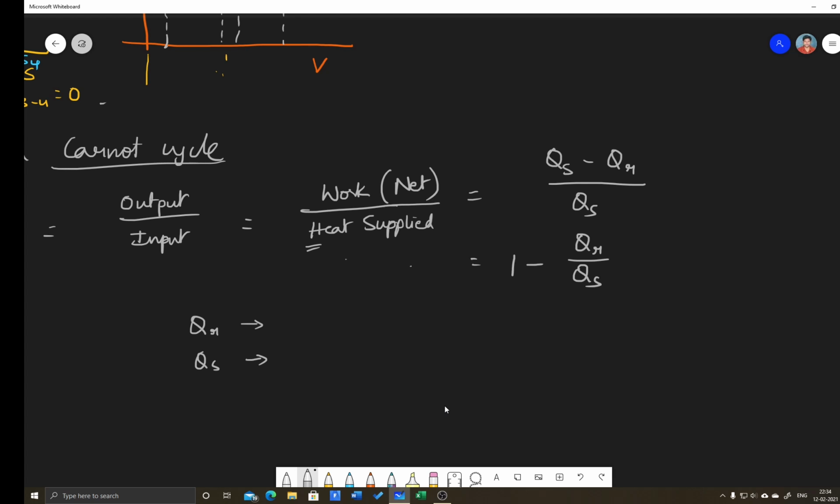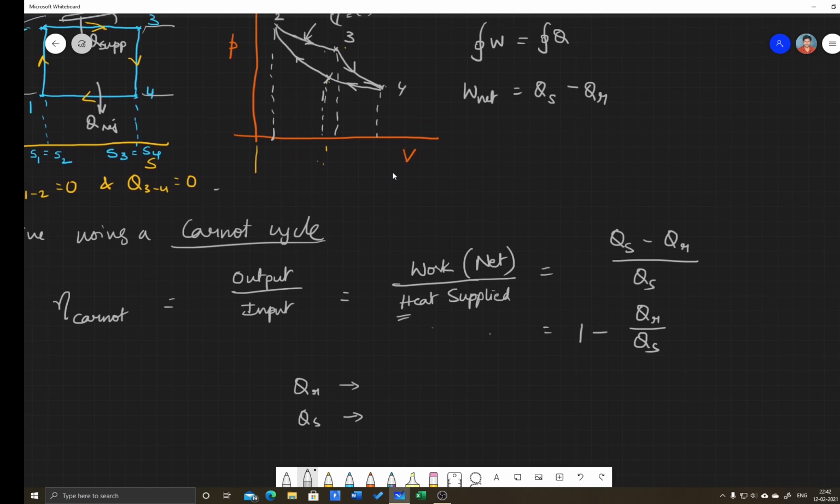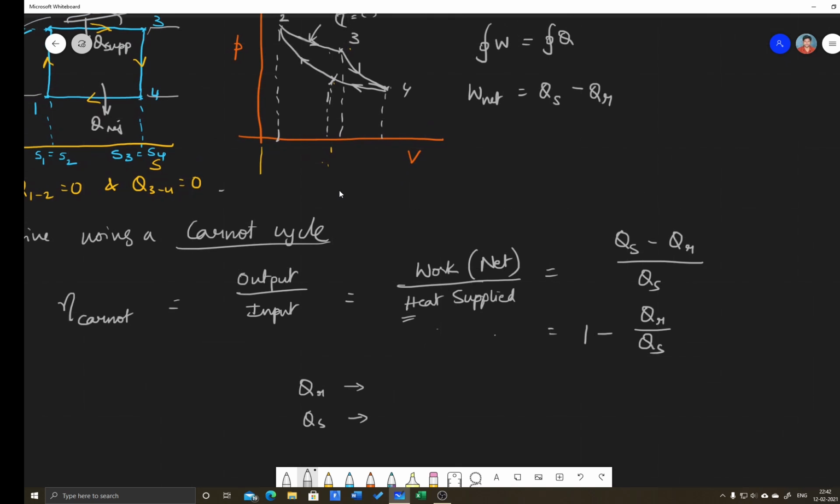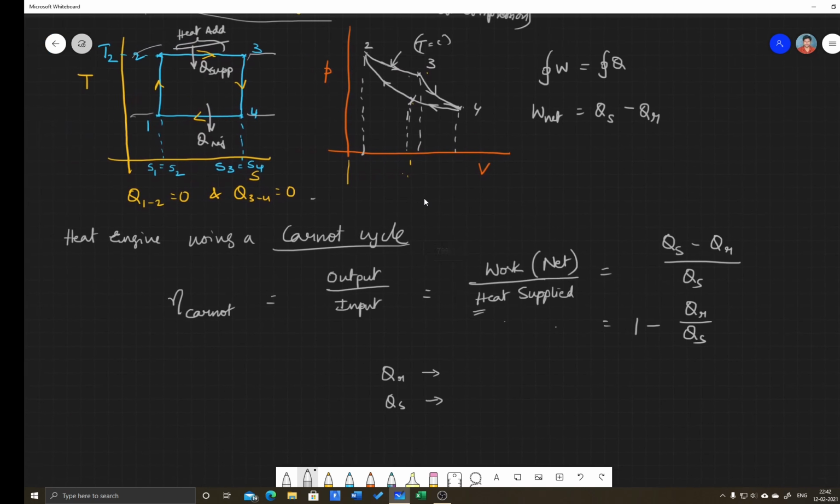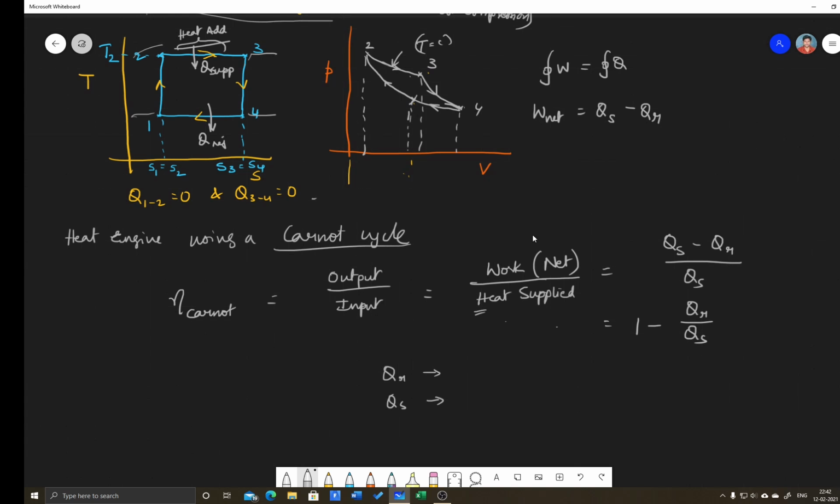During this process, Q is being rejected during process 4 to 1, whereas heat is being supplied during process 2 to 3. So this is an isothermal process.